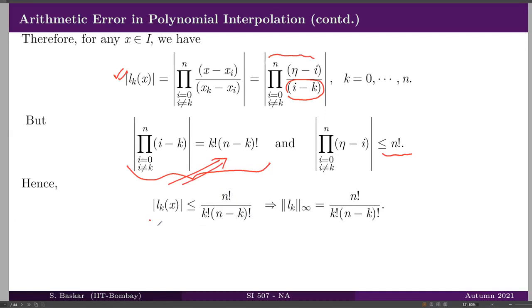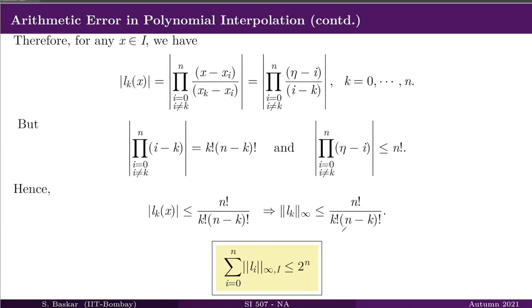And again, the same usual argument that this is true for all x in I, and therefore it holds for that x for which the infinite norm of this function is achieved. Therefore, we can write norm Lk is less than or equal to n factorial divided by k factorial into n minus k factorial. Now take the summation over i equal to 0 to n.